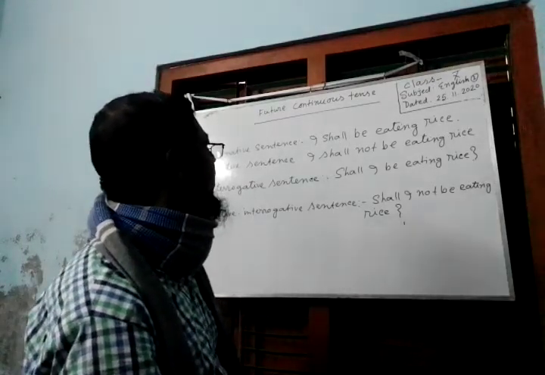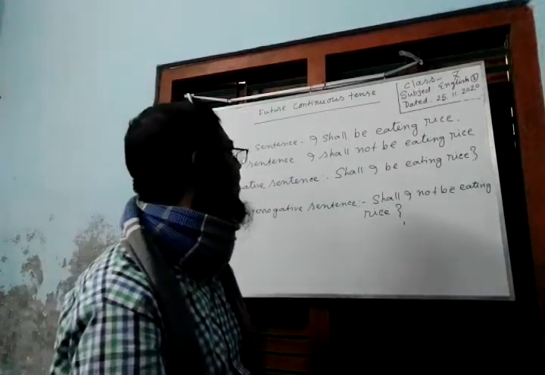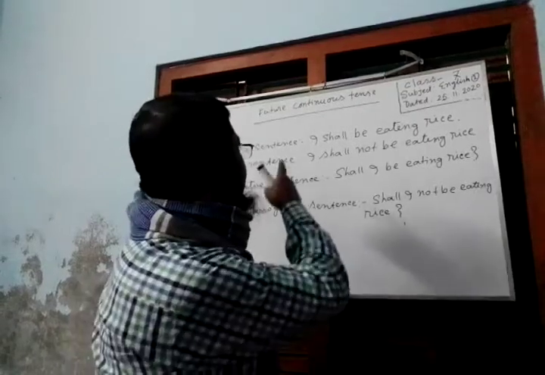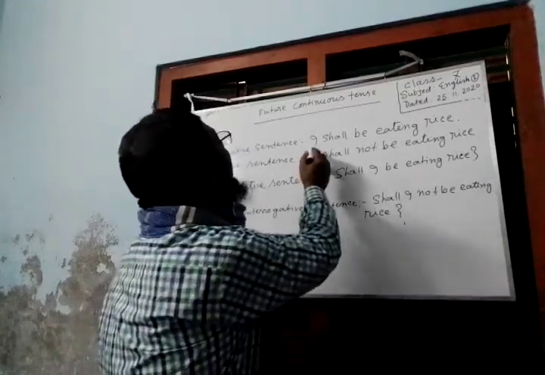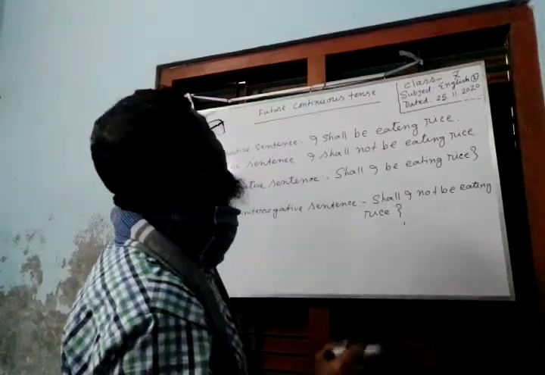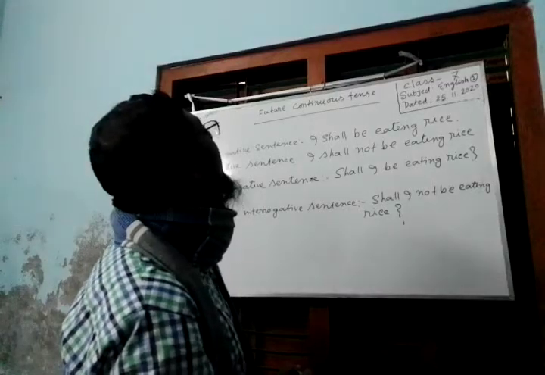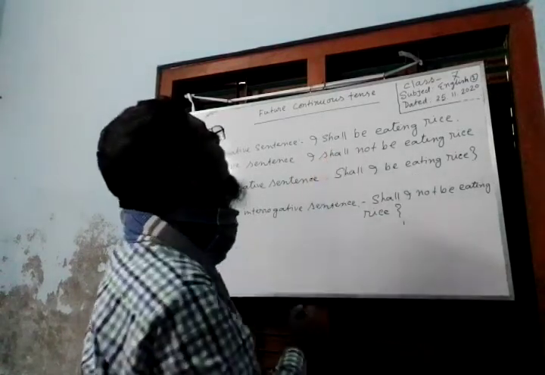In future continuous tense, in affirmative sentence, you will write at first the subject. Here, as the subject I have written I. Next, we will write shall or will. Next, you will write be.